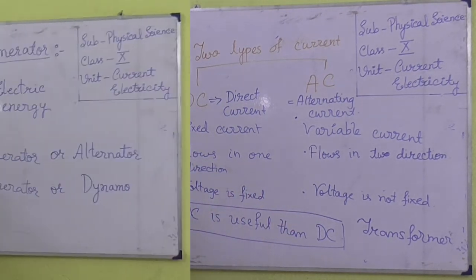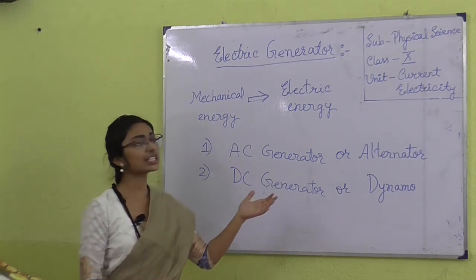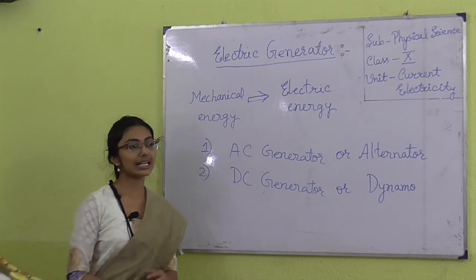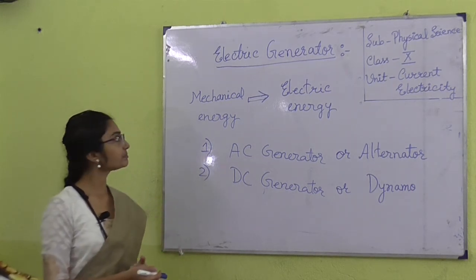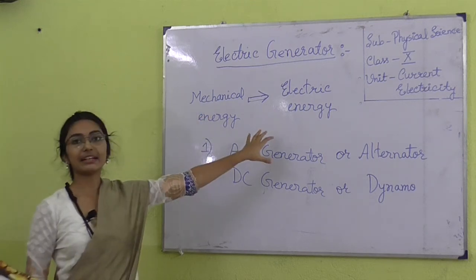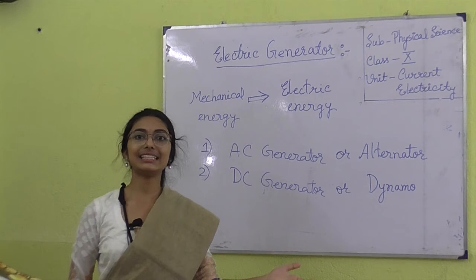Okay, a device known as an electric generator has a function opposite to an electric motor. In an electric motor, we have seen that electric energy is converted into mechanical energy, and here mechanical energy is converted into electric energy. So basically electricity is produced by a generator.